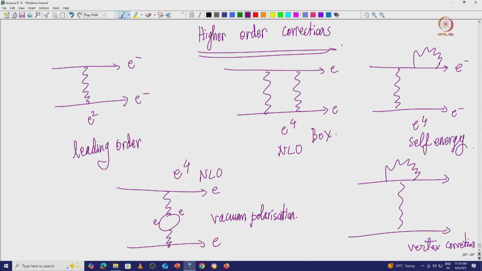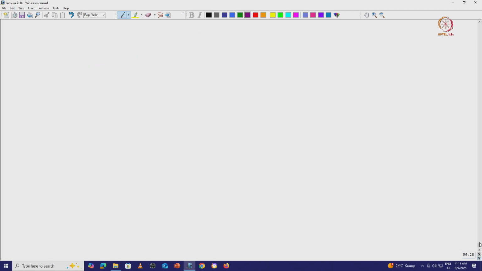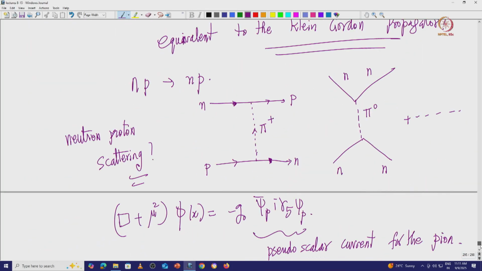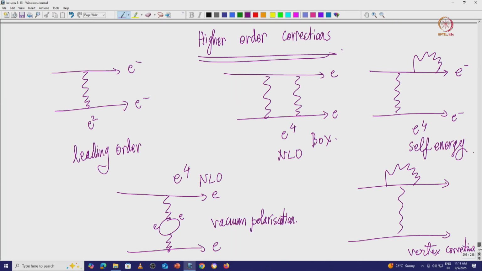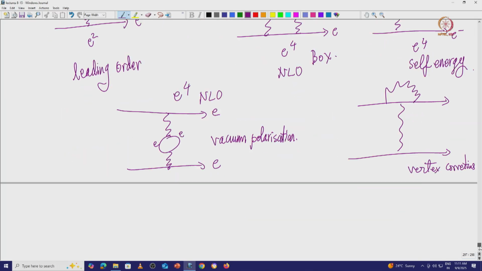Now there are interesting theorems in QED which tell you that if you take care of these, okay, what is the problem with these diagrams? The problem with these diagrams is, let us take one particular simple example. This also happens in other examples.